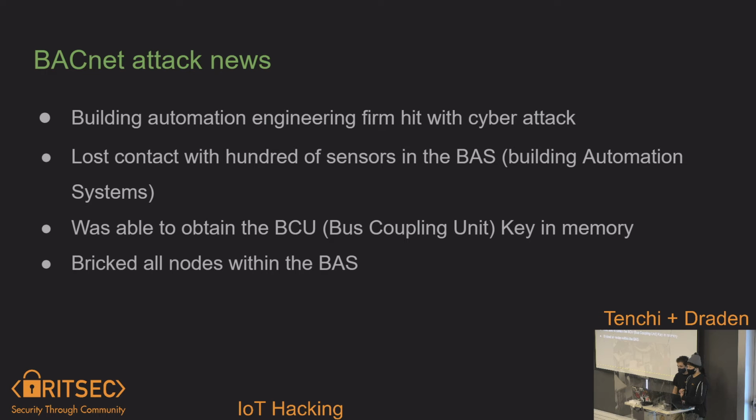They were also using a proprietary protocol called KNX, which is from a European company that develops their own BACnet nodes, and the attackers were able to do this by leaking the bus coupling unit, which controls the BACnet security, and they bricked all the nodes within the system. So there's some very cool stuff with IoT security, and we're going to talk more about that in the later slides.